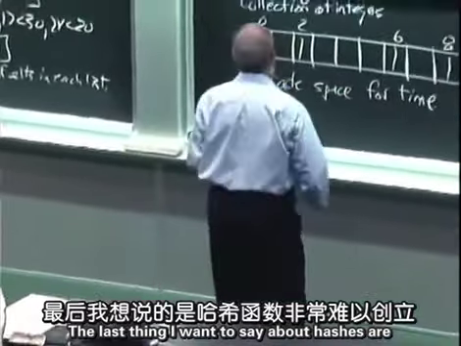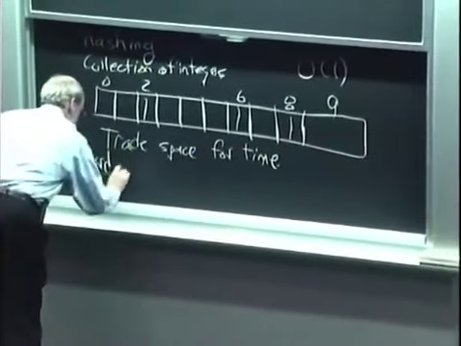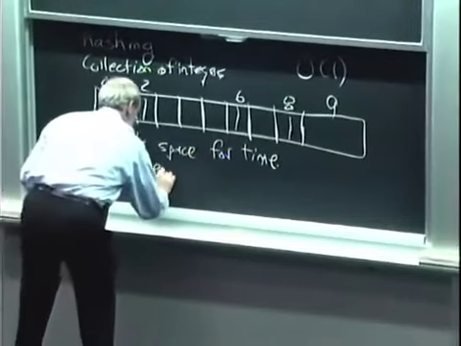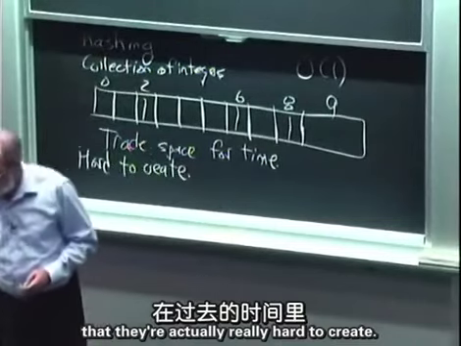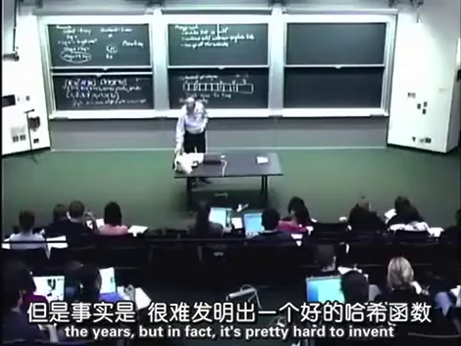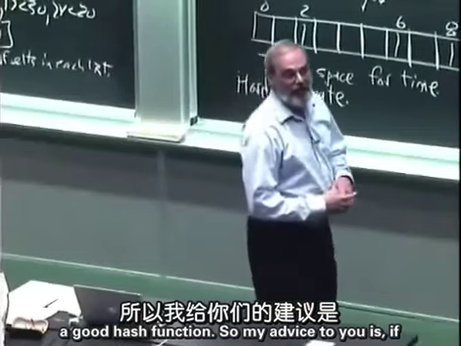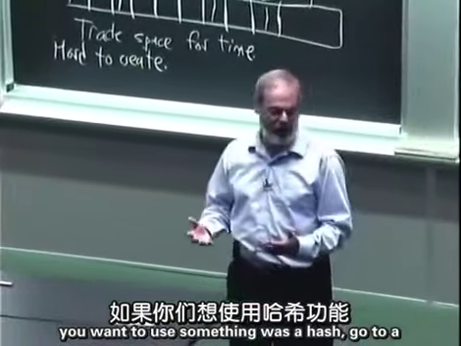The last thing I want to say about hashes is that they're actually really hard to create. There's been a lot of work done on these over the years, but in fact, it's pretty hard to invent a good hash function. So my advice to you is if you want to use something with a hash, go to a library.